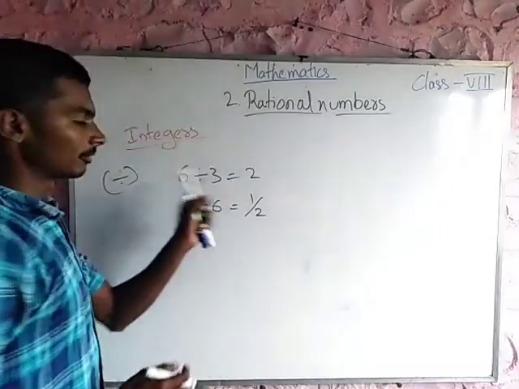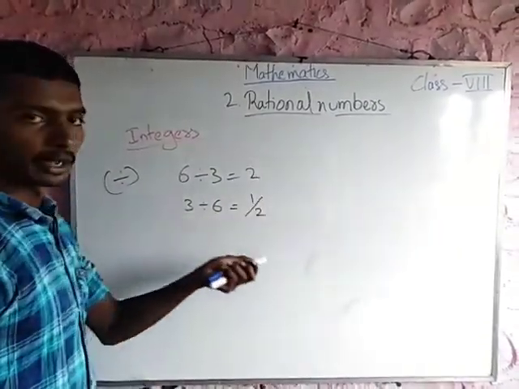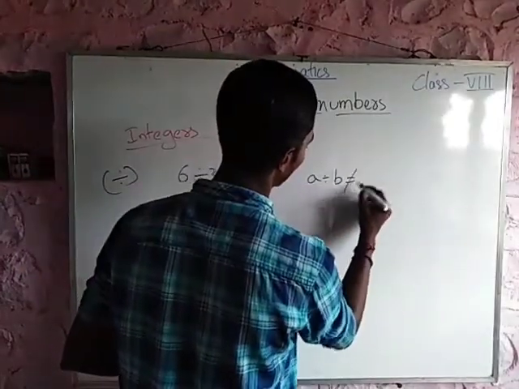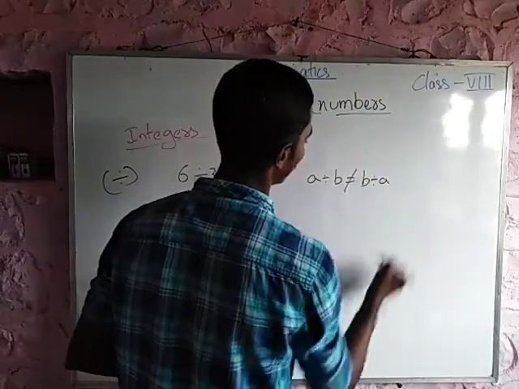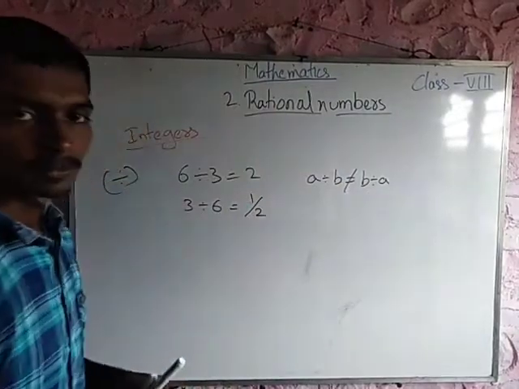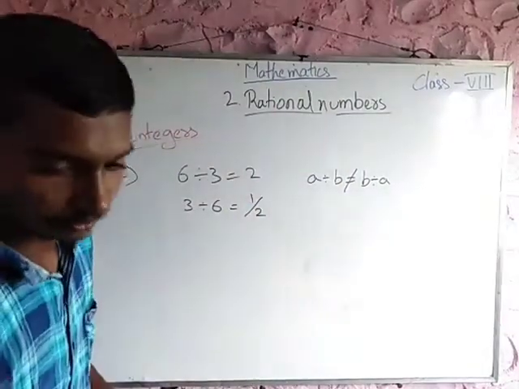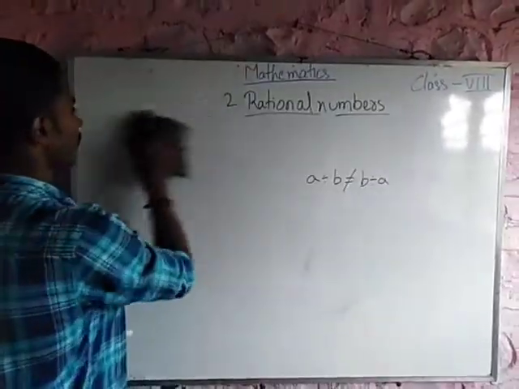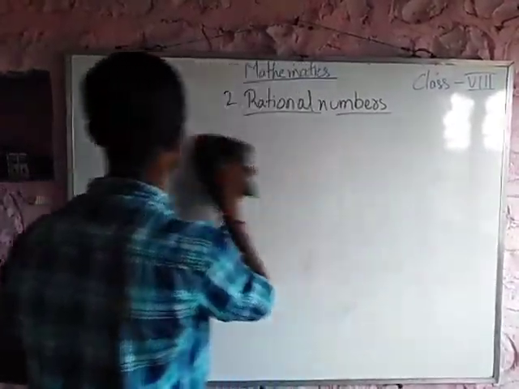One way I got one result, the other way I got some other result. So a divided by b is not equal to b divided by a, so integers are not commutative under division. Now the next is rational numbers.